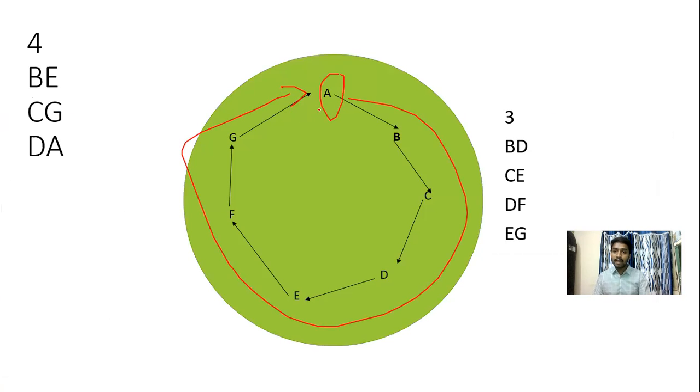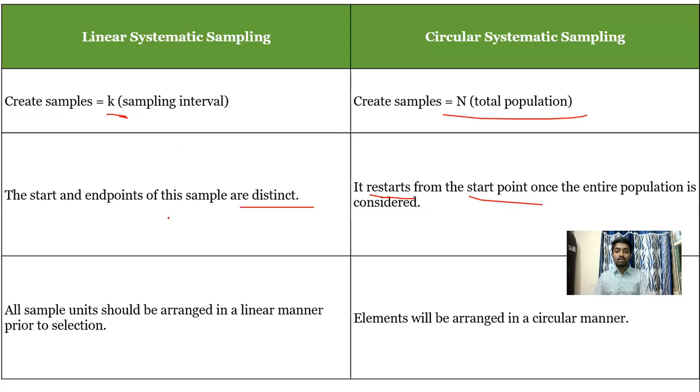So it's a continuous process here. That's why it is in a circular form. Whereas in a linear method, it is not a continuous form. We are going to have a different start point and a different end point. There is no particular end point to that. We can reach anywhere, to any end point. But here we restart from the start point again once the entire population is considered.